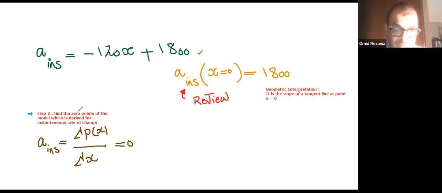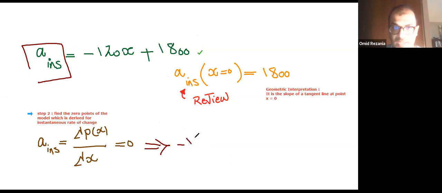That's what I mean by the zero points: you equate this equation to 0, then you solve it. My instantaneous rate of change equation is this, correct? Then I put minus 120x plus 1800 equals 0.